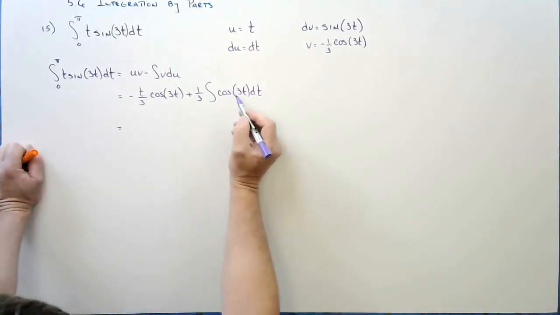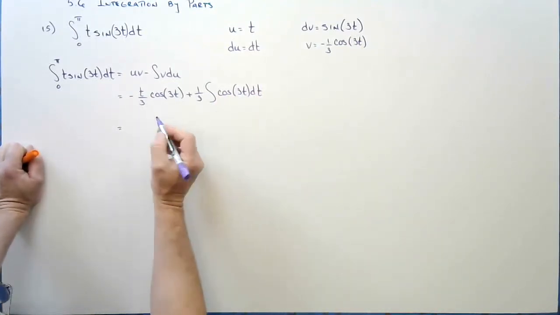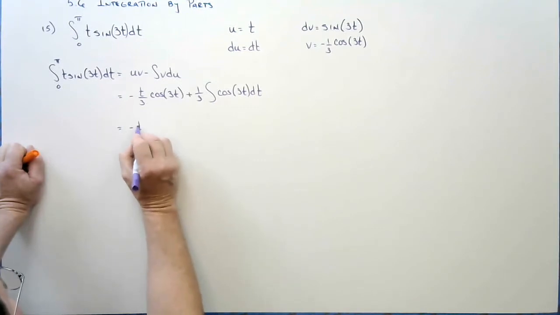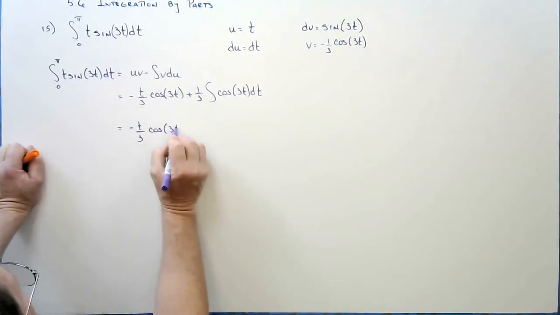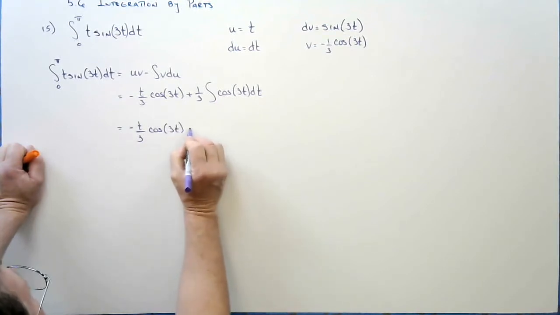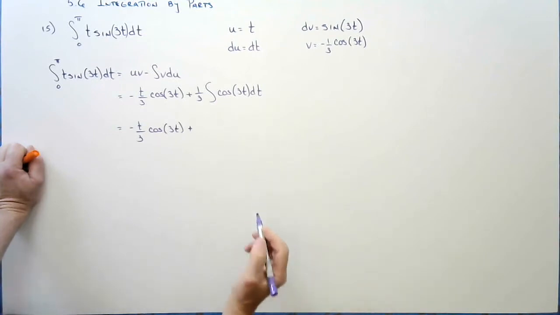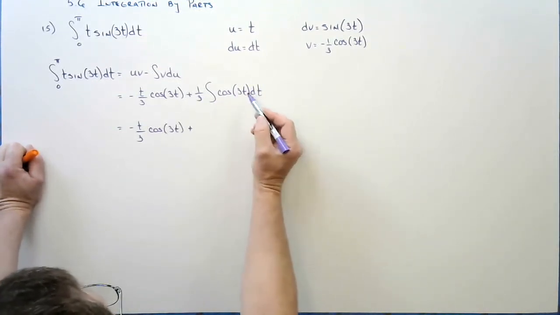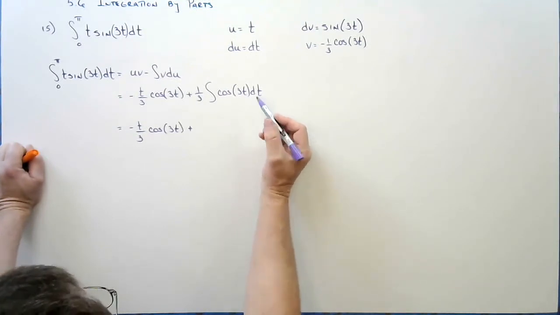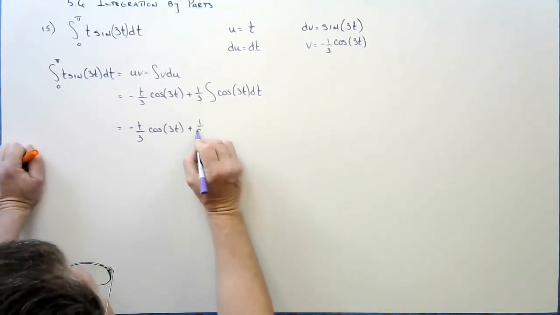This is just a straight u sub. I'm going to do it without doing any work at this point because I've showed it to you multiple times. So we get this term plus, we have our 1/3 here, but we know when we integrate cosine 3t, we're going to get another 1/3, so that's going to turn into 1/9.